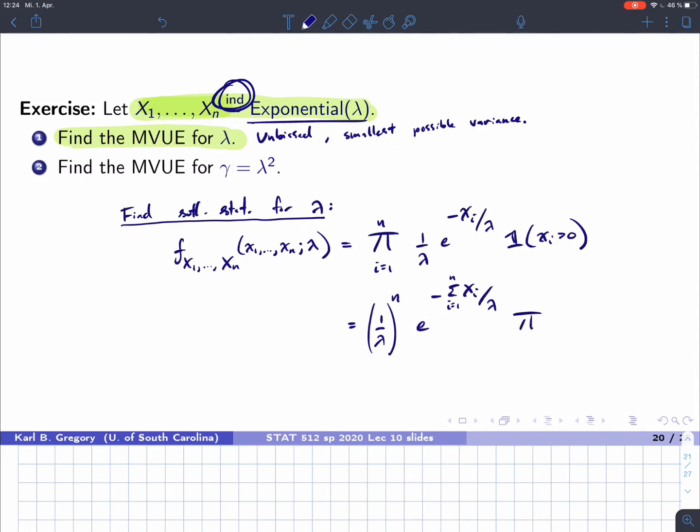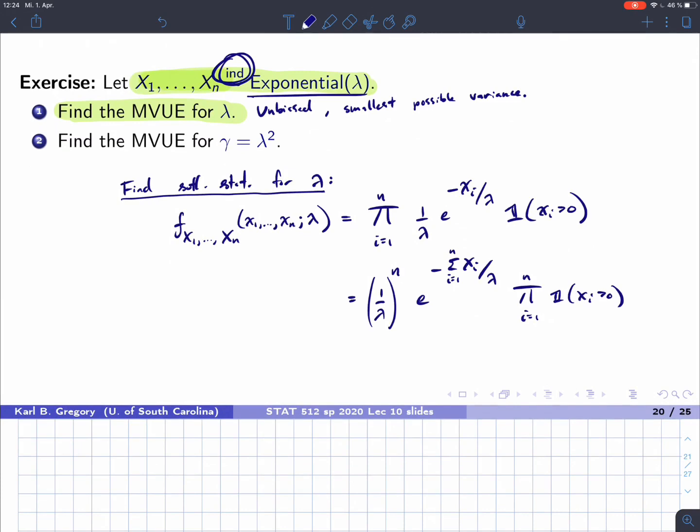Taking the product, it looks like this. Let's call this my function h, and let's call this my function g, and let's call this guy my sufficient statistic. Okay, the sum of the xi's.